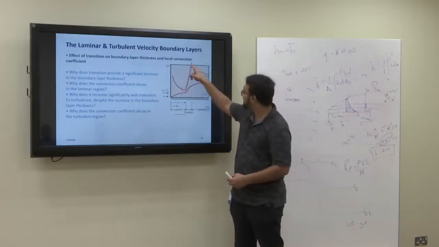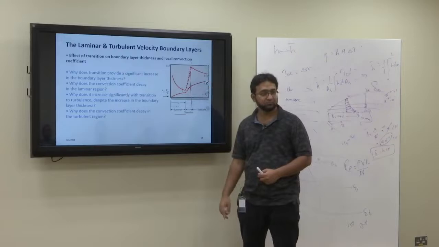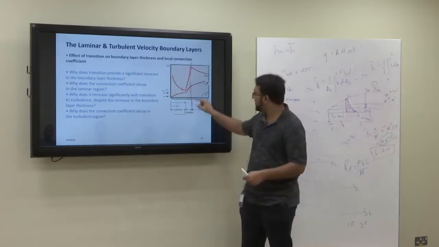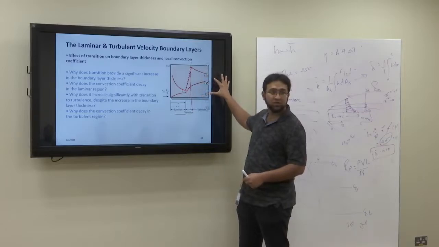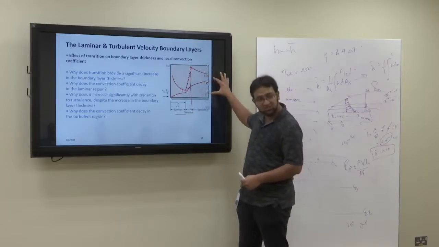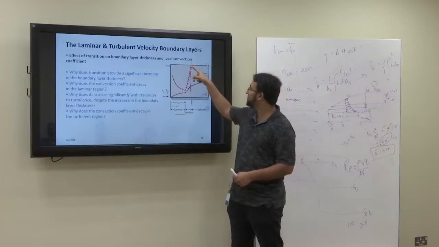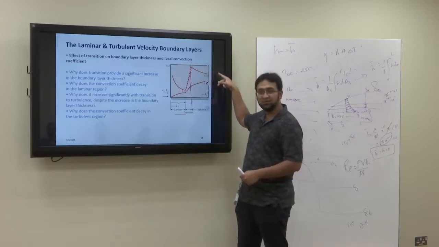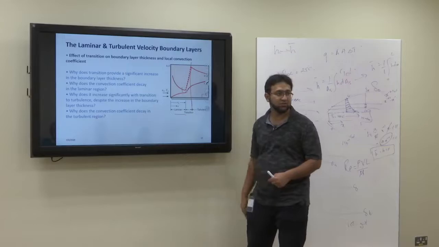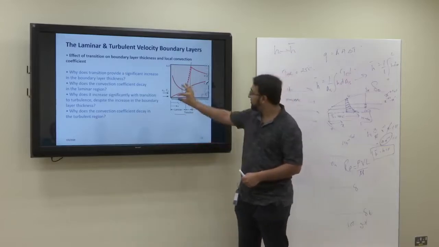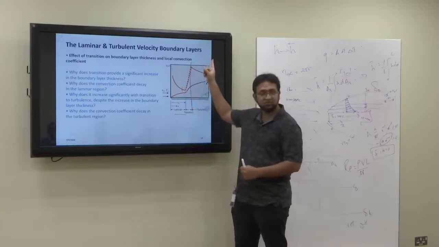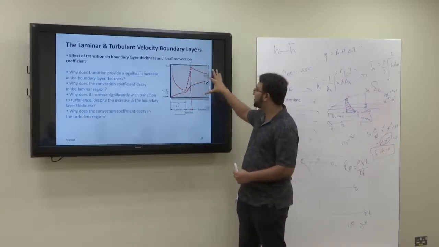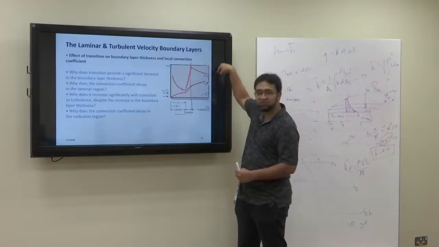Now at this point it becomes fully turbulent. Now once it becomes fully turbulent, again the boundary layer keeps on developing like this. So again as the boundary layer is increasing, the heat transfer coefficient will again start decreasing. Is it clear? So because of the boundary layer increase, heat transfer decreases, then from laminar to turbulent there is a hike in the heat transfer coefficient, then again the boundary layer keeps on increasing, so heat transfer coefficient decreases.